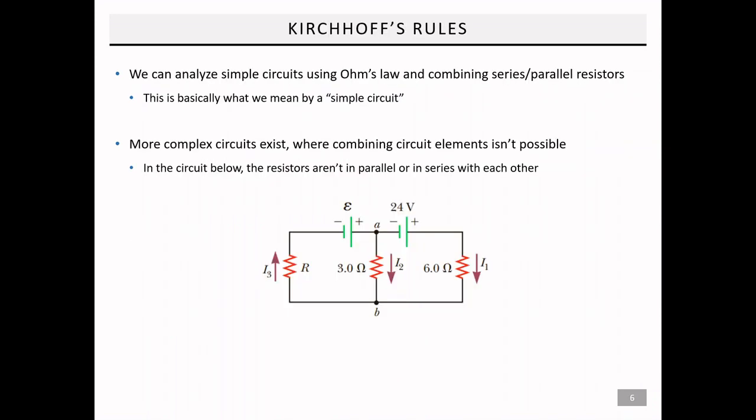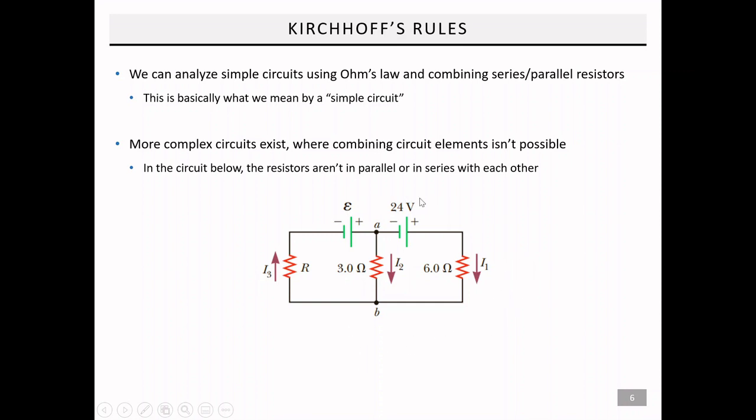We can analyze most simple circuits using this method of Ohm's law and combining the series and the parallel resistors. And it may seem a bit circular logically, but this is basically what I would define a simple circuit as. There are more complex circuits, though, where we can't combine the circuit elements because basically they're not in series or parallel with each other.